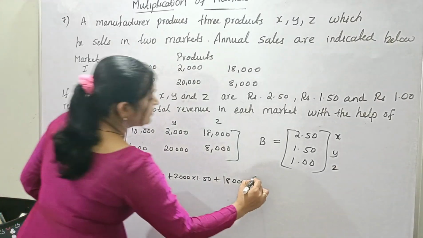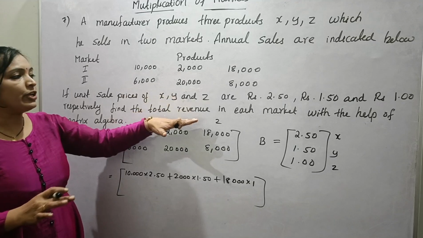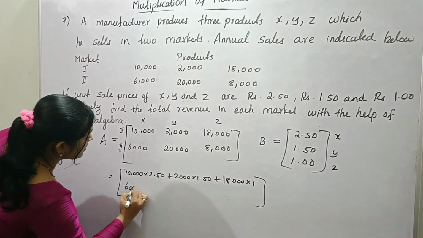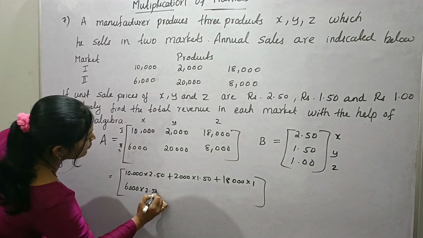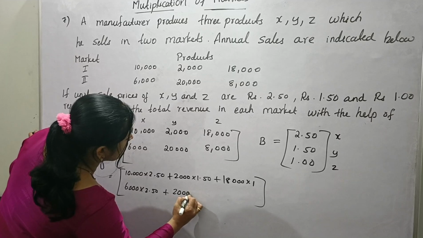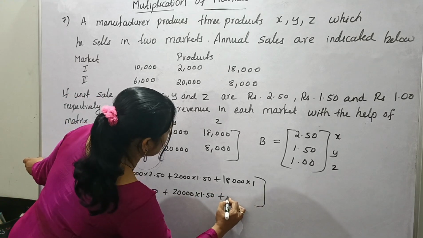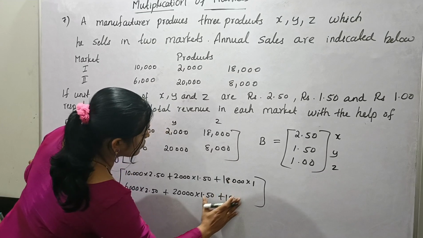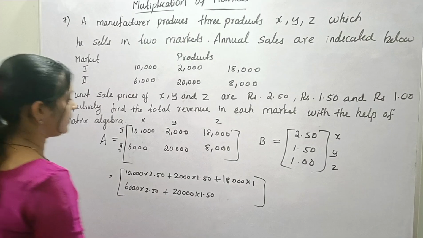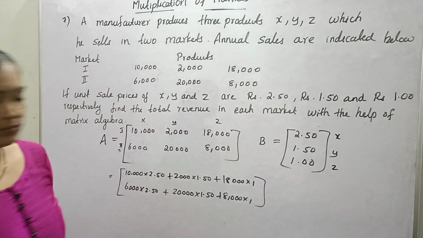Then next step, we will find the total revenue in market 2. 6,000 into 2.50 plus 20,000 into 1.50 plus 8,000 into 1.